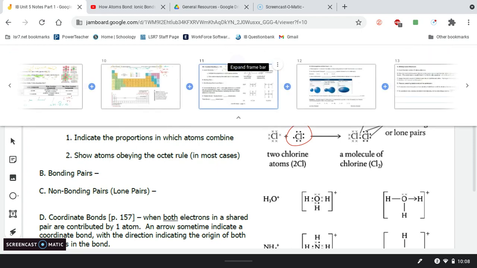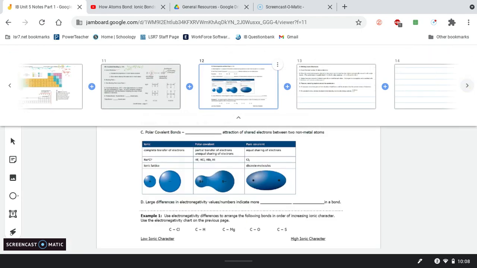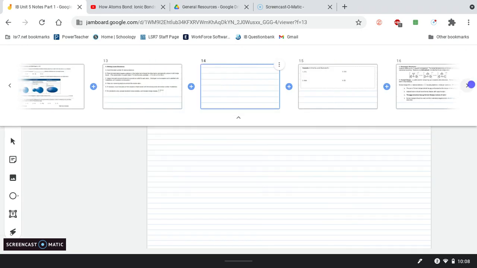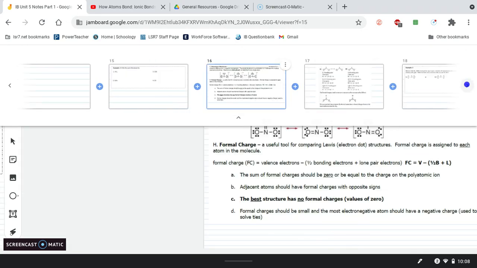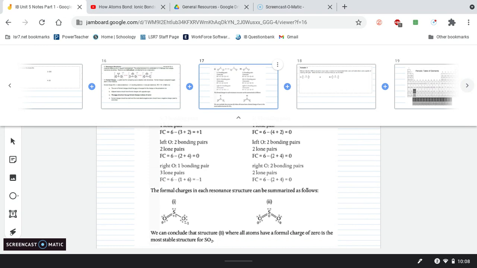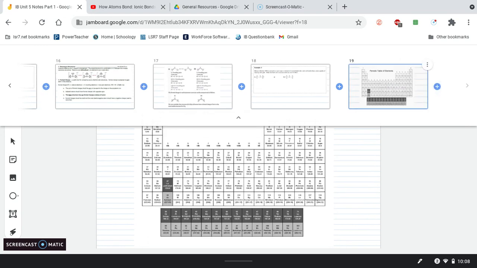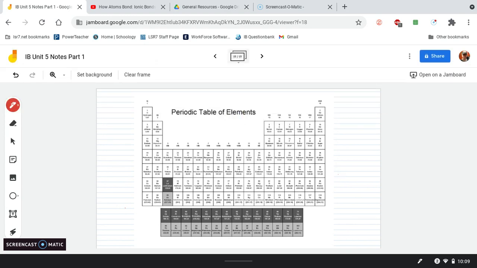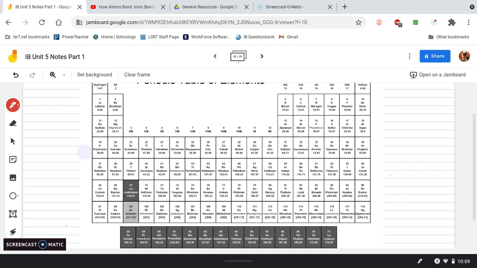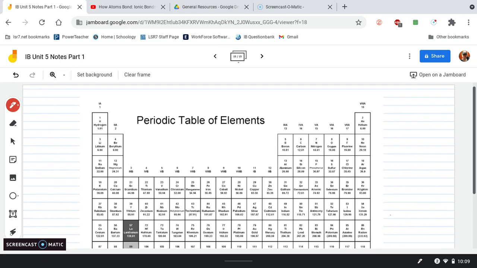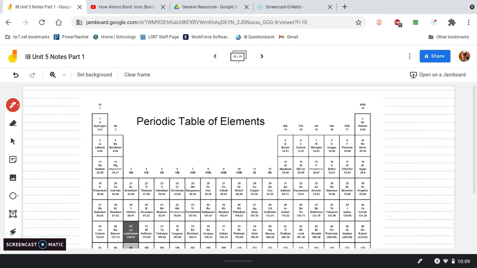So let's go to my periodic table here at the end real quick, because I want to be able to write on this one. And you should probably write this on your periodic table if you don't have it, because that's going to be something that can be pretty darn useful. So get out your periodic table and let's talk about this concept of the valence electrons.